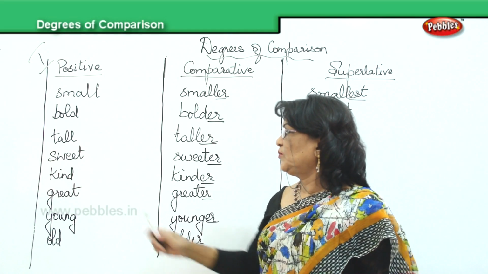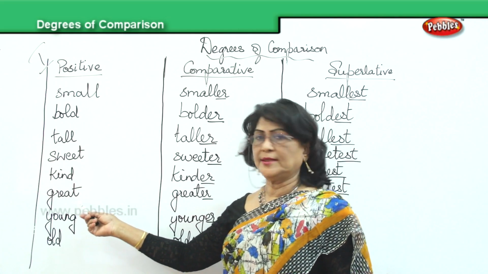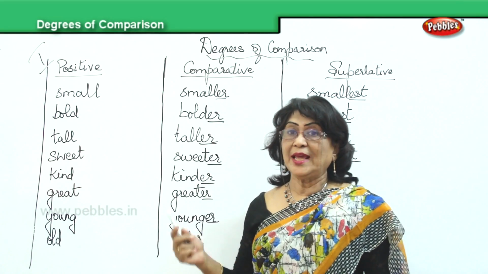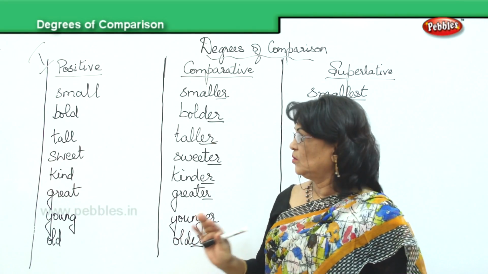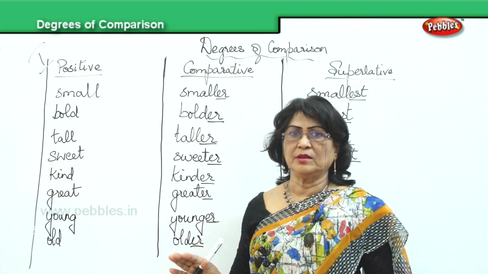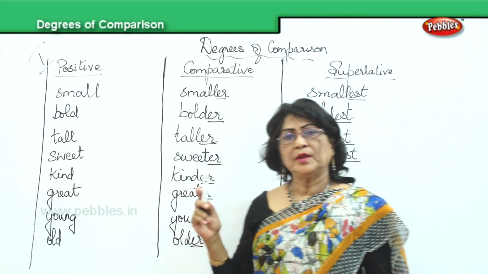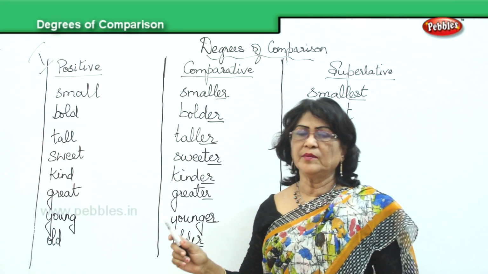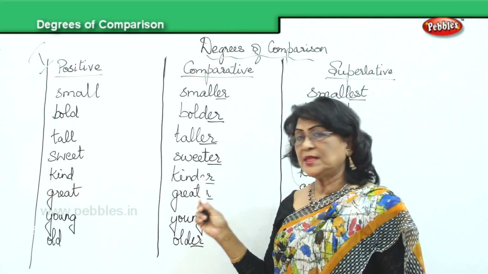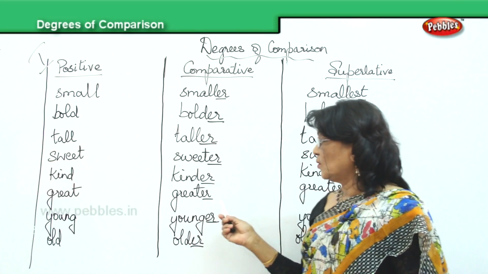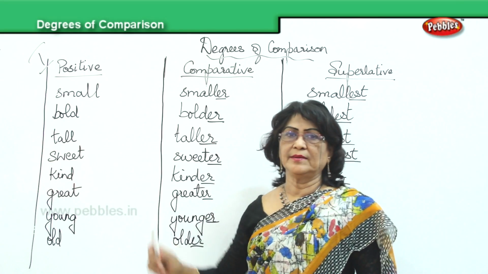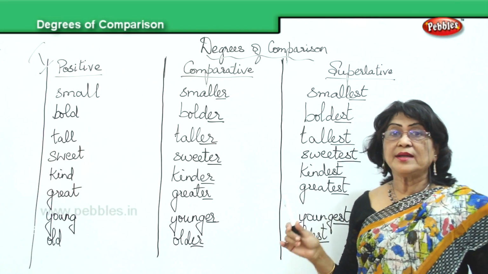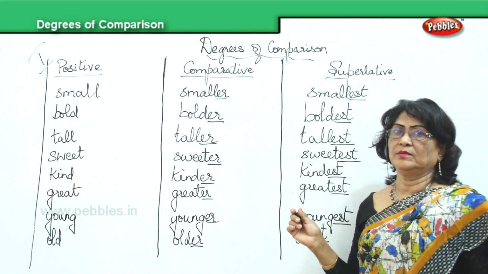Now, quickly we will have 2 or 3 sentences for any of these. Okay, if we take great, for example, he was a great leader. So, a normal condition. Mr. X is a great person, but Mr. Y is greater than X. Mr. O is the greatest of all.